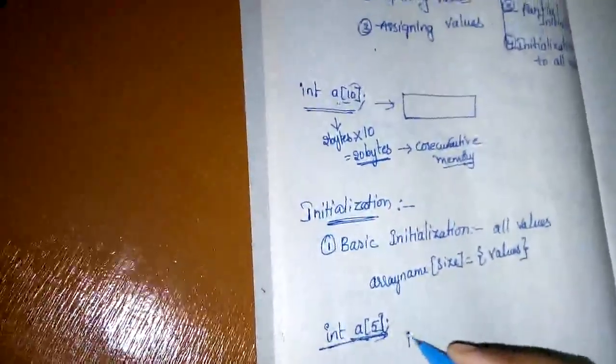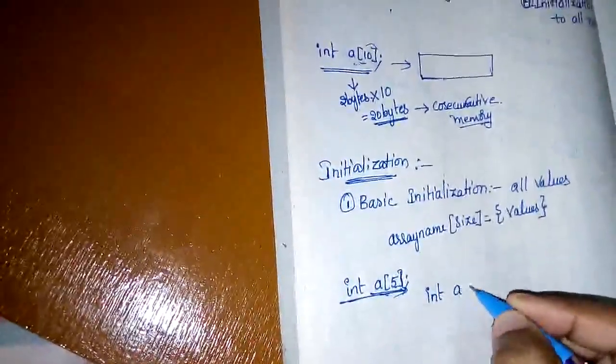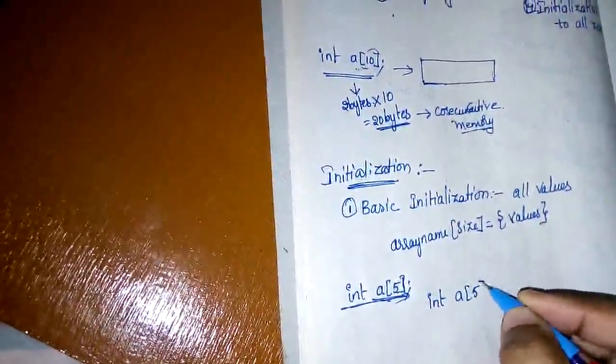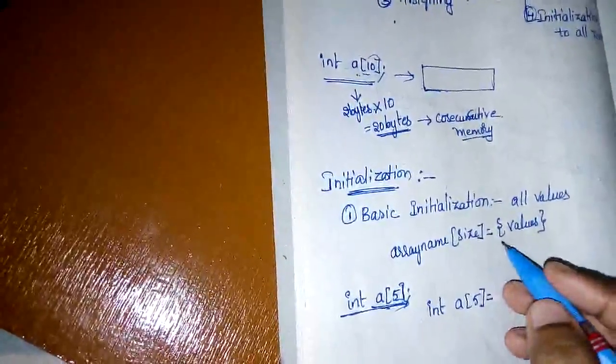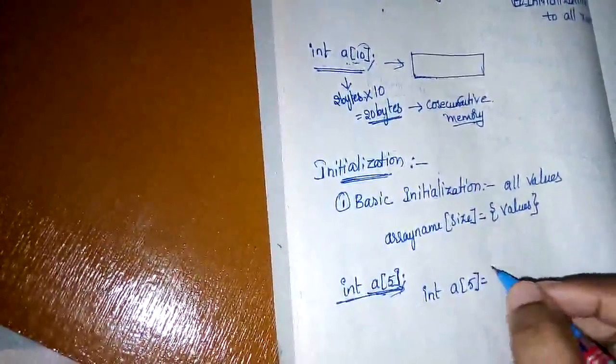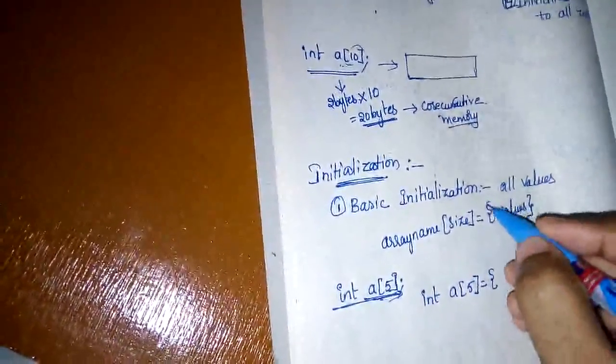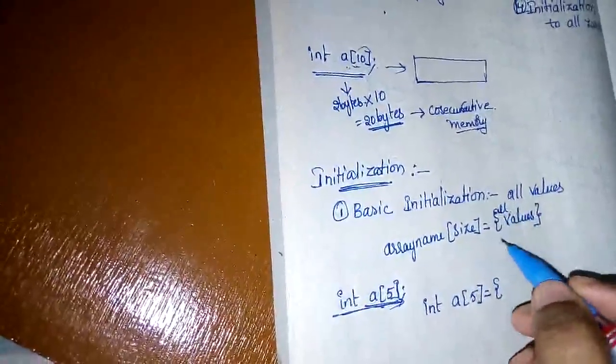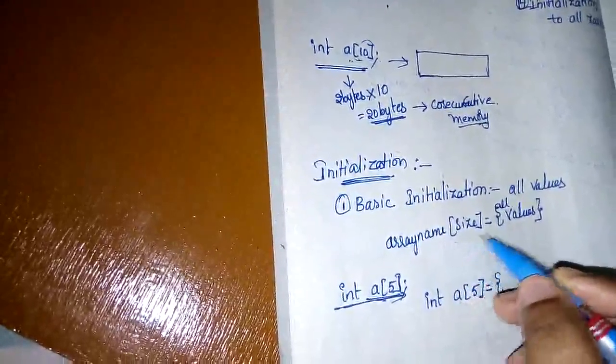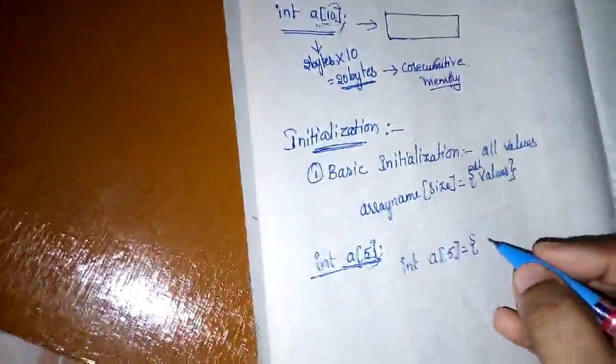That is, in this statement itself, it can be initialized as int a of 5 is equal to, then you open a flower bracket, and all the values that the array is going to store should be provided within the brackets, separated by commas.